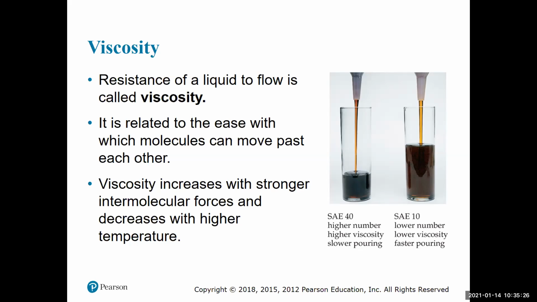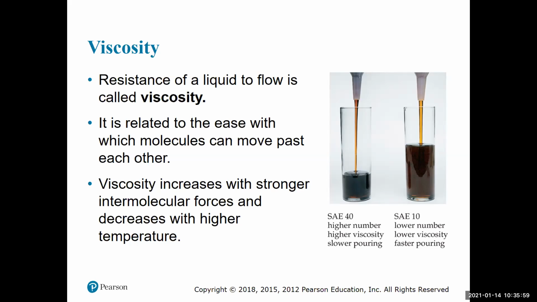In the picture on the slide, we have an SAE 40 and an SAE 10, two different motor oils. That SAE number is an indicator of the viscosity of the oil. The lower that number, the lower the viscosity, so the less thick it is and the easier it is to pour. If you ever see in your car manual that you need a certain SAE number for the oil, that's telling you how viscous the oil needs to be to work in that car.